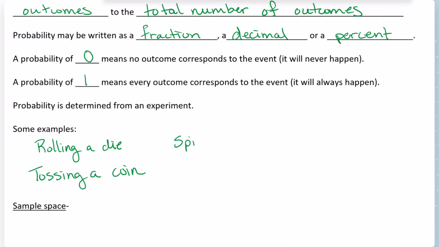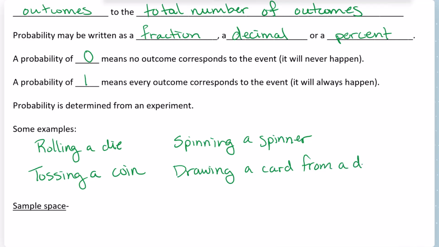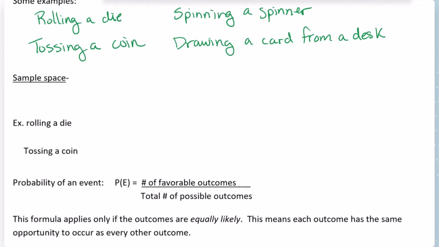We could look at examples where we're spinning a spinner. We could also look at maybe drawing a card from a deck. And these are just a few examples of different things we could encounter if we're looking at probability. Definitely not an exhaustive list, but just a couple of ideas for us to consider.